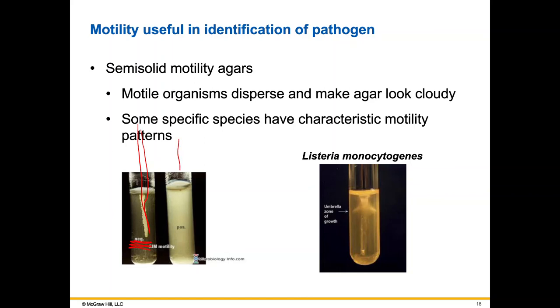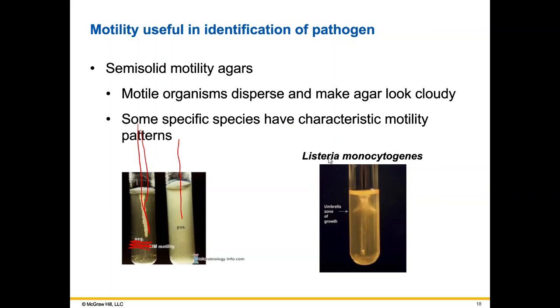However, if we did the same thing here and the organism is motile, you'll see that the whole agar will become cloudy because it will disperse throughout the tube. So this would be an example of a non-motile organism. This would be an example of a motile organism. And again, since not all species are motile, it narrows down what bacteria you could potentially be infected with.